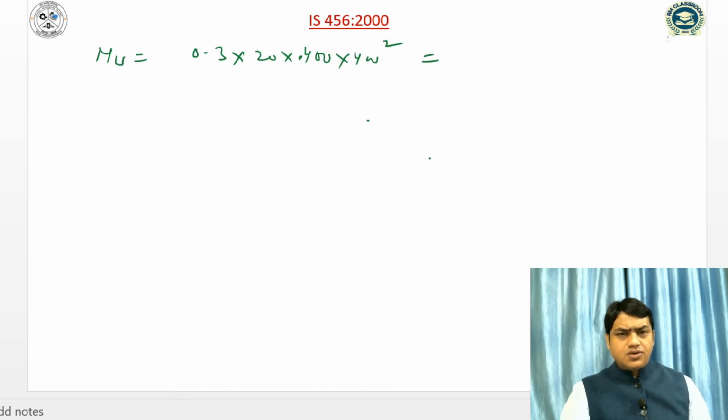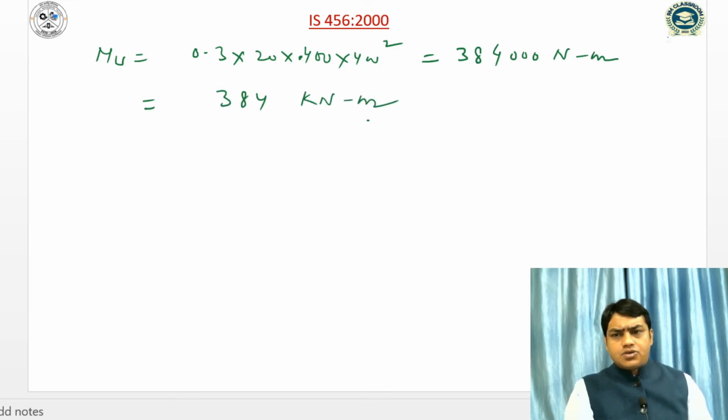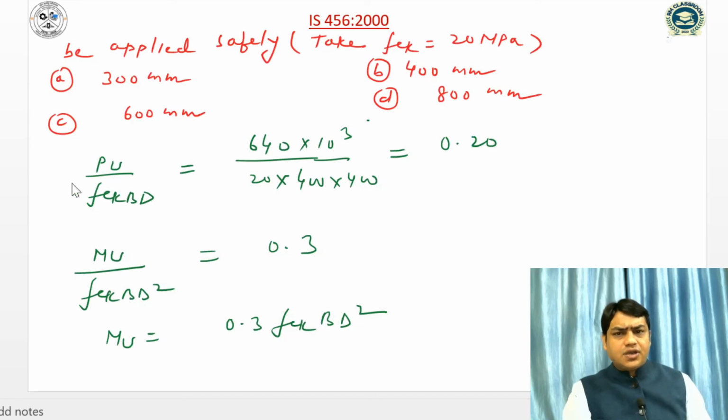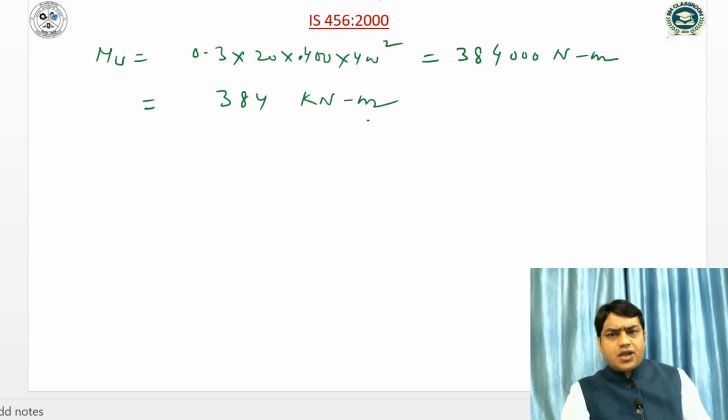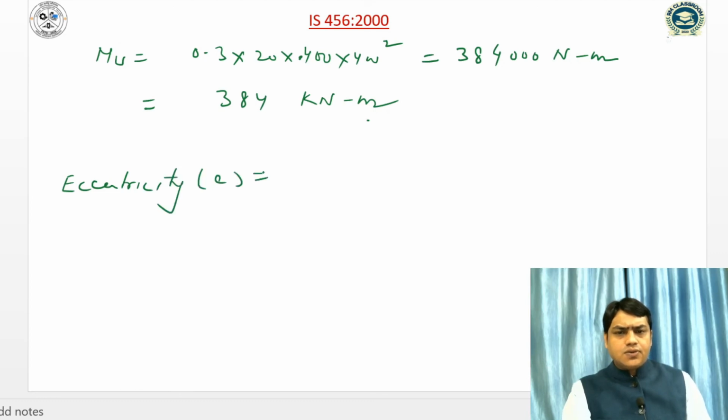So it will be 384 kilonewton meter. Now what do we have to find? Eccentricity. What is the maximum uniaxial eccentricity? Eccentricity E is equal to MU by PU.